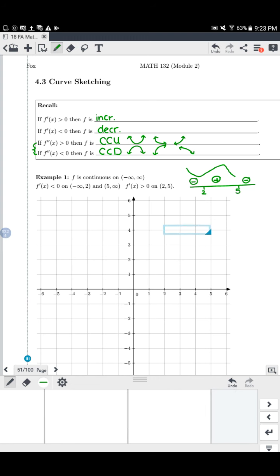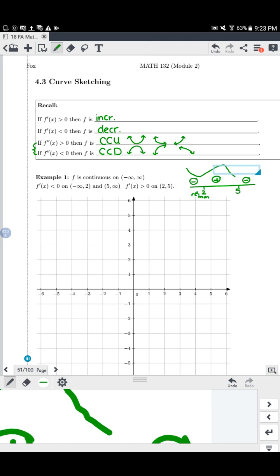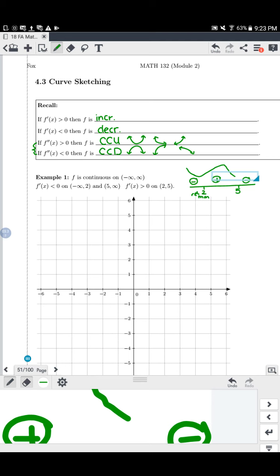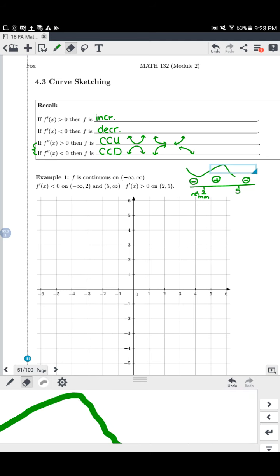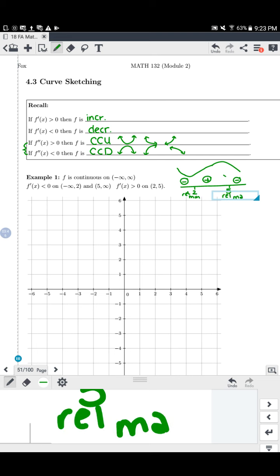So I want to remember that decreasing to increasing, I want to draw a relative min here. So I have a relative min. And then if I go from increasing to decreasing, this should really be moved over a little bit so it's above the 5. I'm just going to scooch this over to being above the 5. To go from increasing to decreasing, I have a relative max at 5.